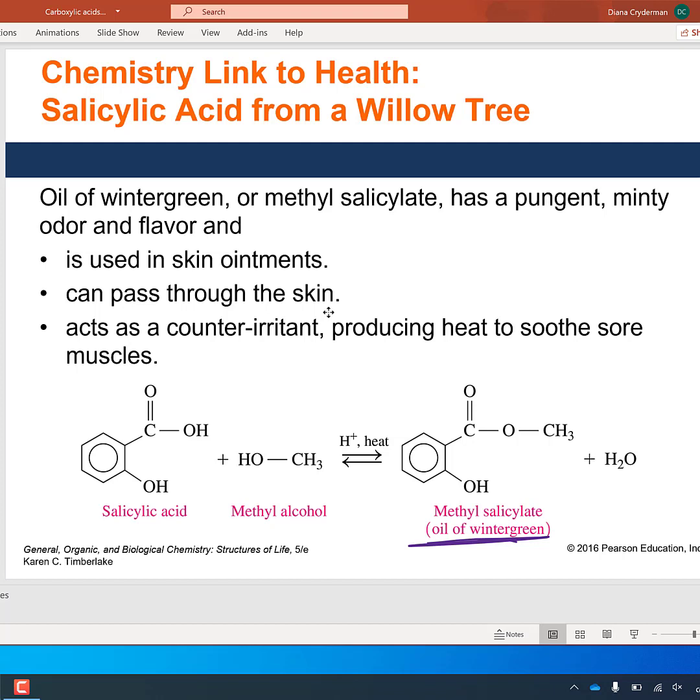This is wintergreen oil, and we can actually distill this out of wintergreen leaves. If you look closely here, we have an ester functional group. So oil of wintergreen is methyl salicylate. Don't worry again about that naming. This is kind of a large chemical, and that is not its IUPAC name, of course.